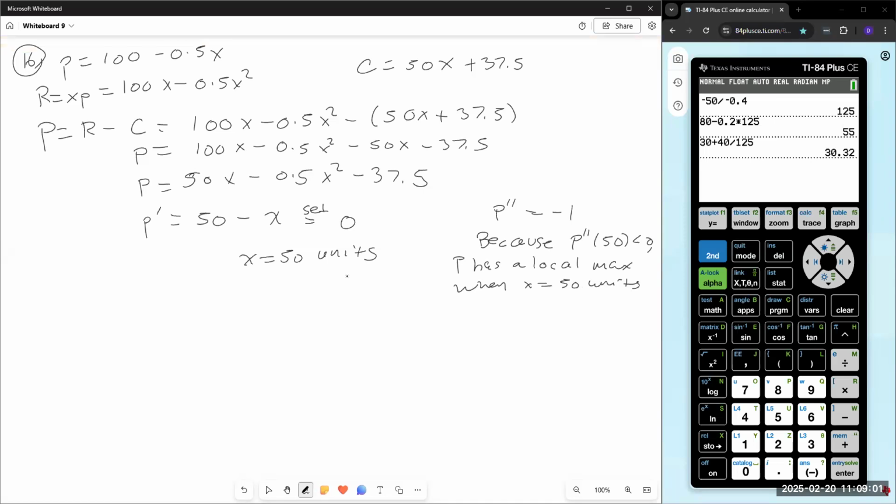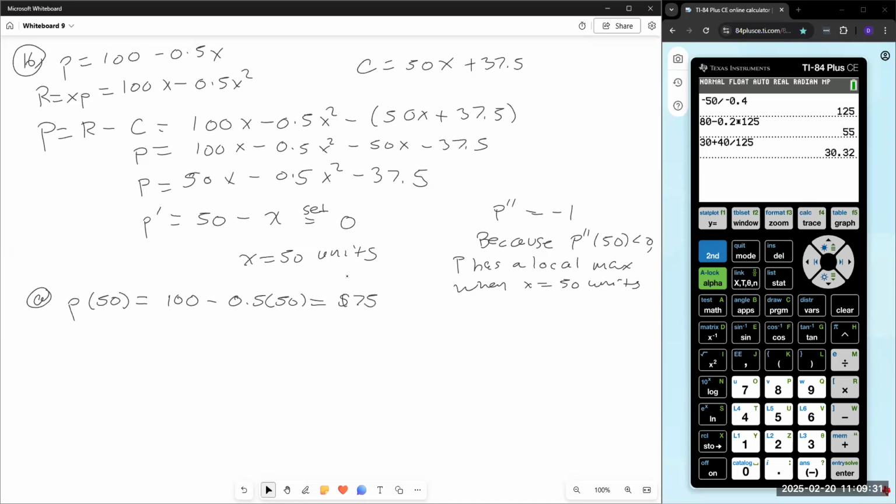Okay, so then we answer part A, which is the price that we set it at to maximize profit, which is little p of 50: 100 minus 0.5 times 50, half of 50 is 25. 25 away from 100 is $75.